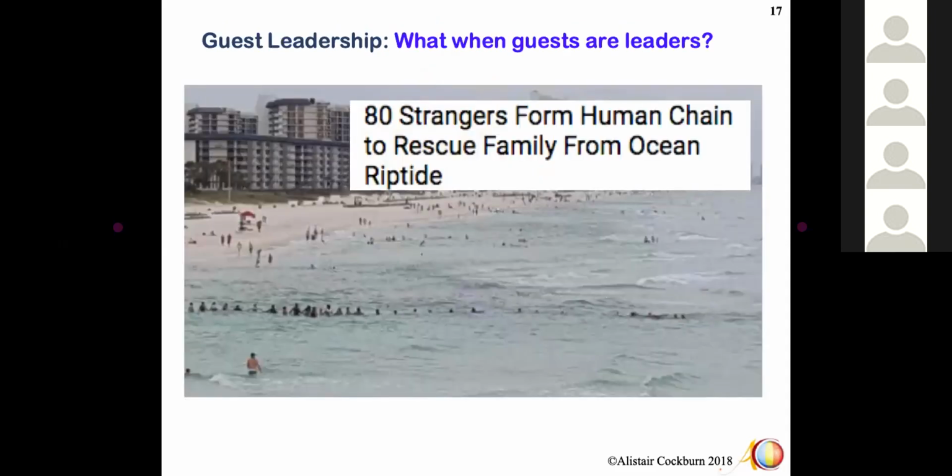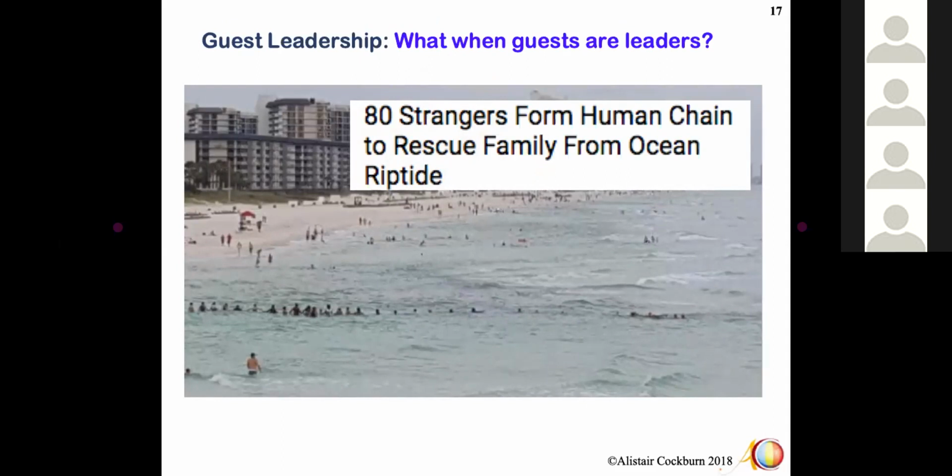And here's, for me, the best example I've seen. I picked this up off the internet, and this was in Brazil. There you see a chain of people going out into the ocean. There was a family having some trouble out in the ocean. And rather than somebody swimming out to get them, somebody on the beach decided to form a human chain.